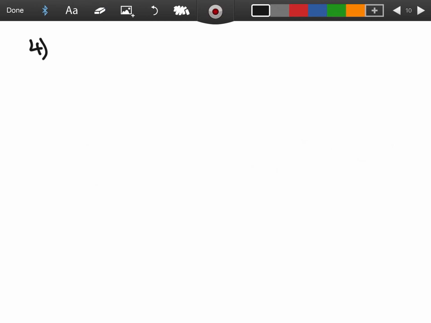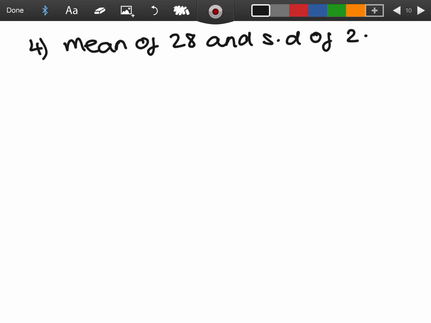So now moving on to problem 4. Again, I'm going to stick with a mean of 28 and standard deviation of 2.5. So I'm going to stick with that normal random variable, that normal distribution where we've got a mean of 28 and a standard deviation of 2.5.